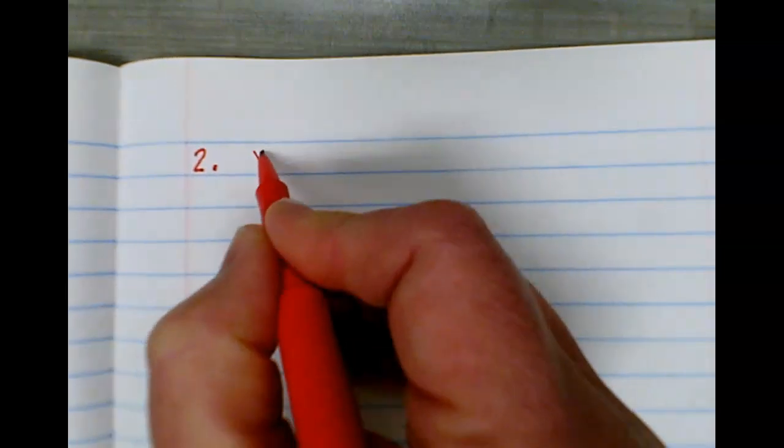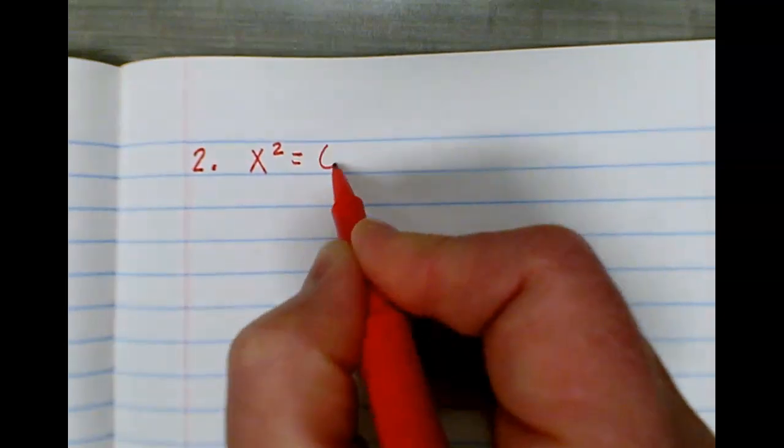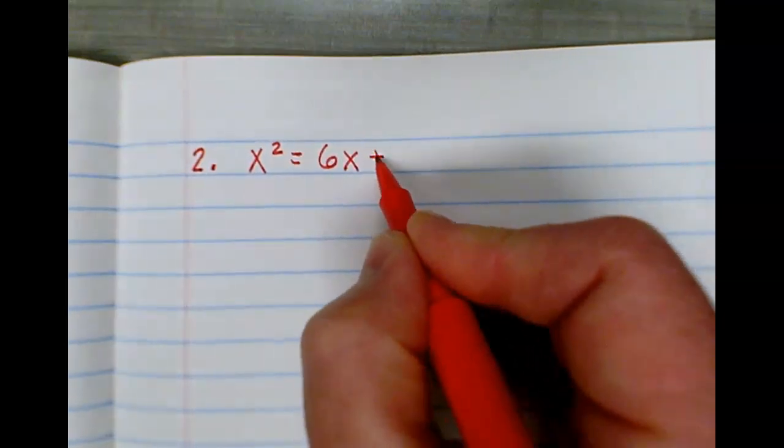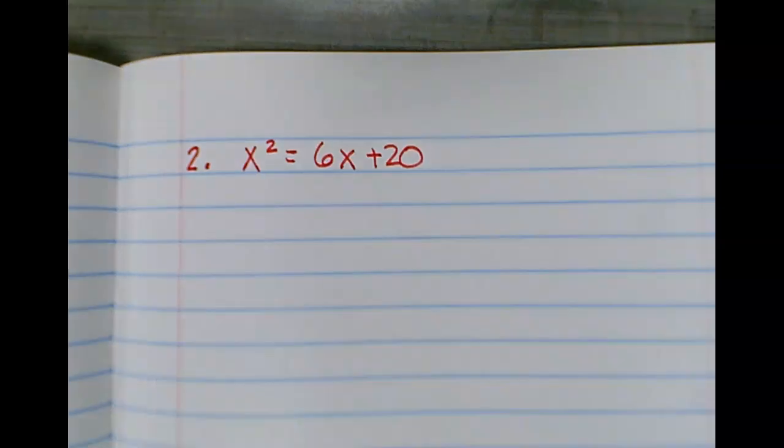Okay, back to our discriminant. Number 2: we've got x squared equals 6x plus 20. Before I can figure out anything, I have to have standard form equal to 0.